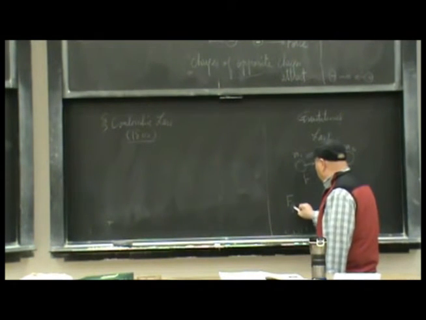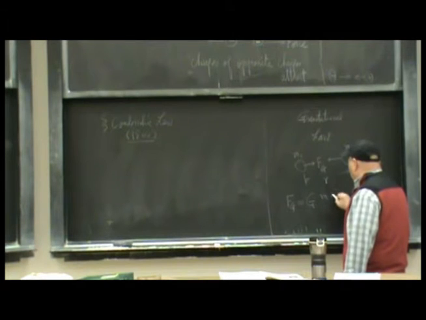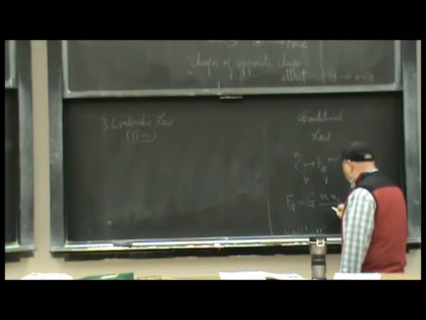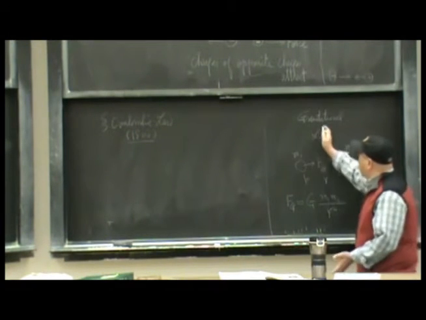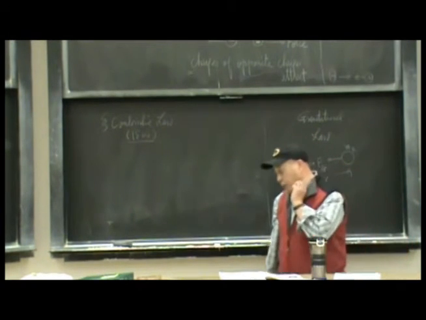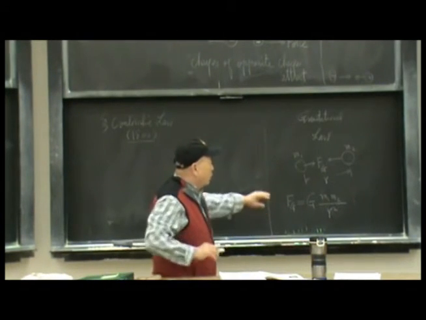The gravitational force F sub g equals G times m1 m2 divided by r squared.